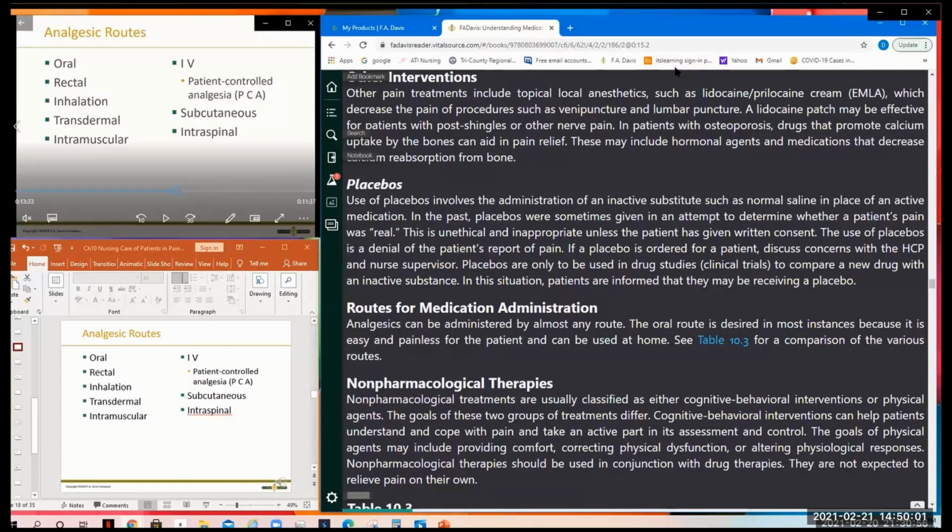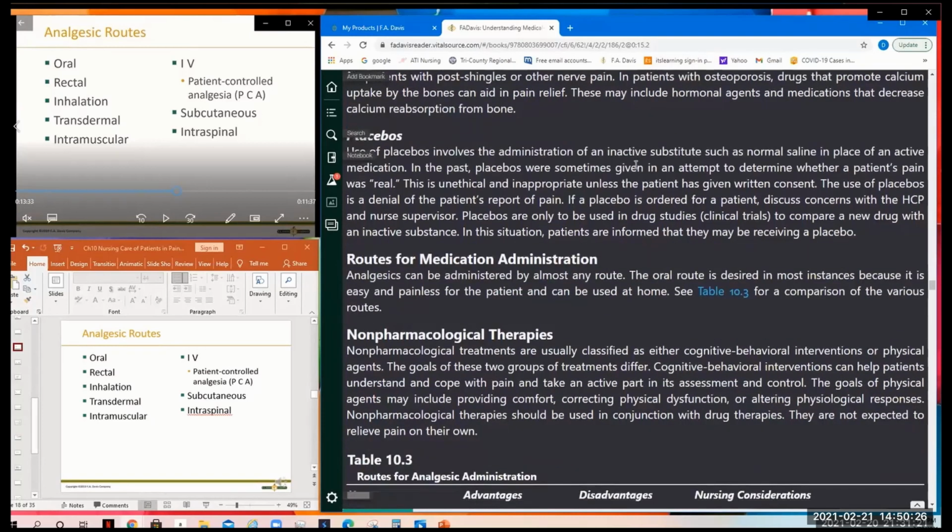A lidocaine patch may be effective for patients with post shingles or other nerve pain. In patients with osteoporosis, drugs that promote calcium uptake by the bones can aid in pain relief. These may include hormonal agents and medications that decrease calcium reabsorption from bone.